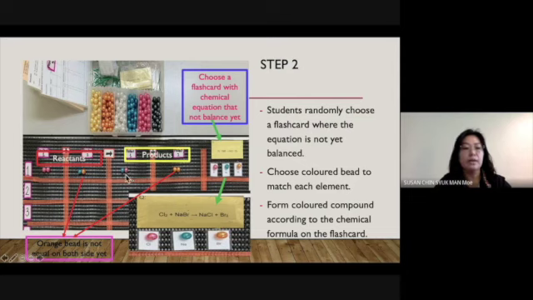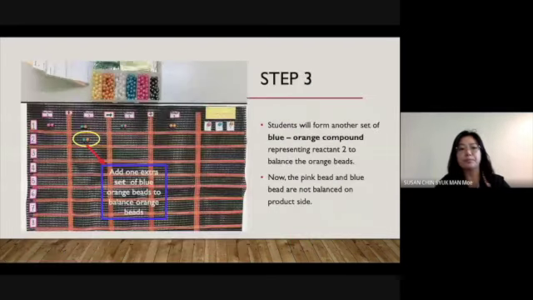The orange color is the same: under reactants they have 1 orange, but in the products, 2 orange. That means not balanced. So what do they need to do next? They will add 1 extra set of blue and orange.